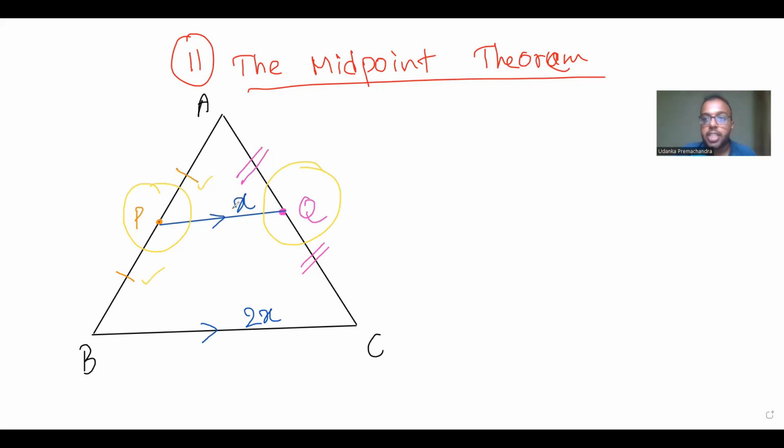This one and this one should be equal. Otherwise, this part and this part also should be equal. So according to the midpoints, the other line should be half of this amount, and these two lines should be parallel. Okay, you can write like this. Draw the figure.